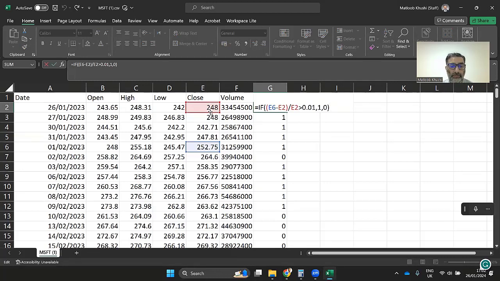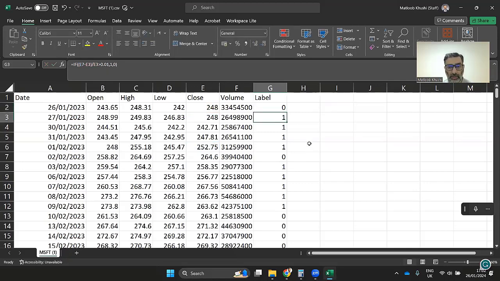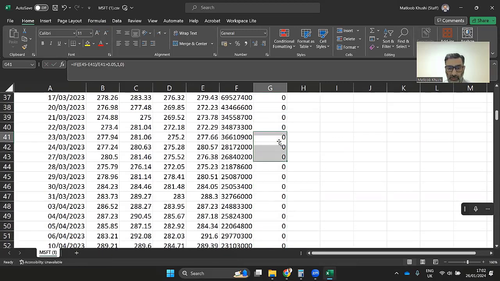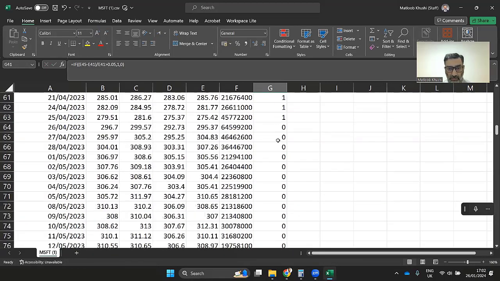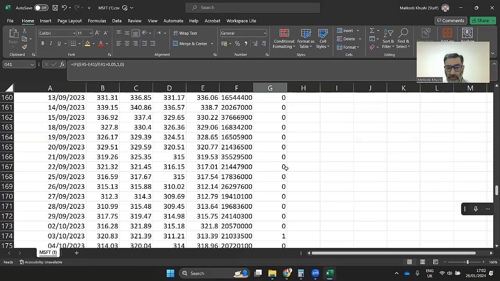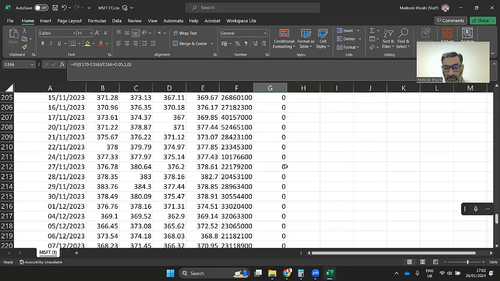Today, using some historical technical indicators or historical prices, you have predicted the market, and if your prediction is going to be right most of the time, you have a window for taking a decision, and you probably can make money. So instead of 1%, you can even say I'm only going to trade if the price goes up by 5%. That's up to you. You might have fewer ones now. You see lots of zeros but few ones, but that's fine. You only want to trade when there's an opportunity to trade.